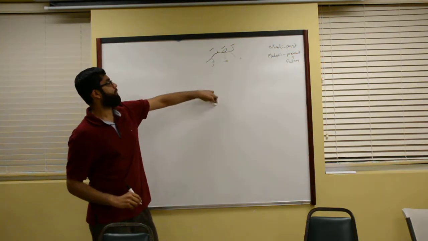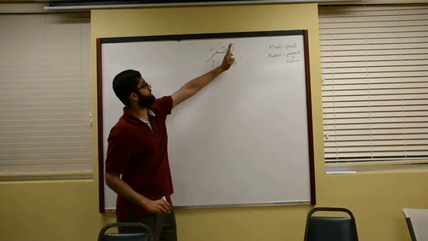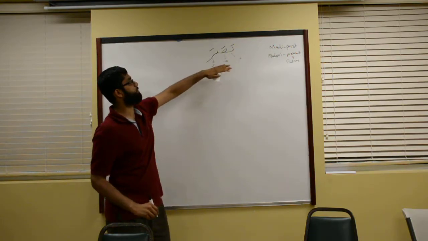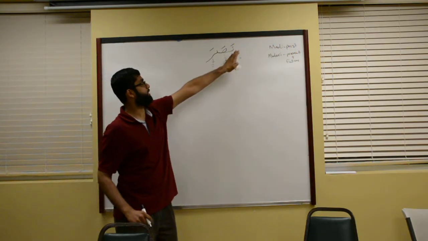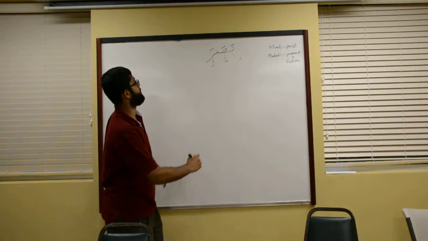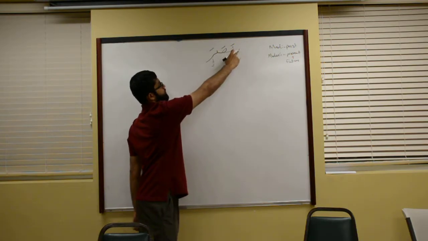When we're doing madi, which of the roots don't change? The fa kalima and the lam kalima don't change. So nasara, the ra has a fatha and the noon has a fatha.